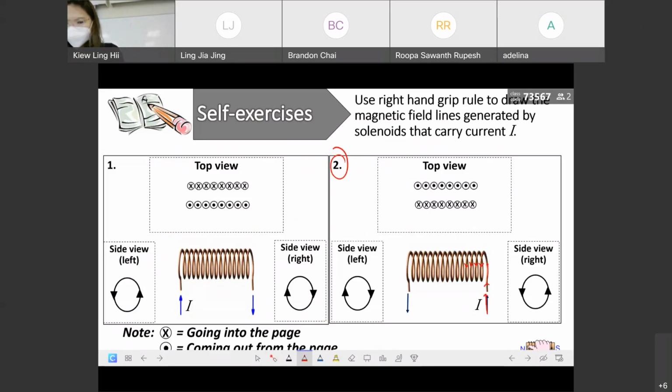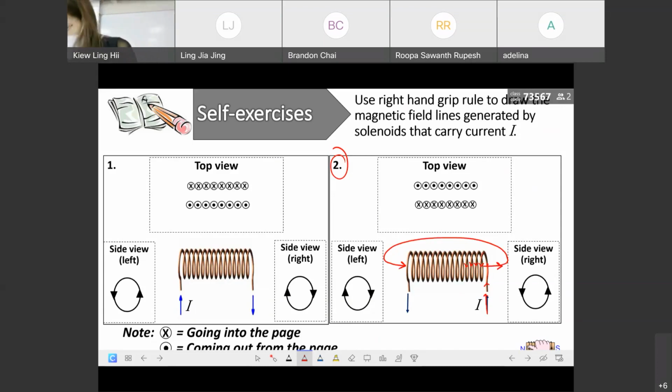Now imagine as if I am holding this solenoid, grabbing it. On the side far away from you, current is going up, but the side facing towards you is going down. When I'm grabbing the solenoid according to the direction of current, where does the thumb show? It shows to the right. Meaning the magnetic field comes out from here and goes into here.